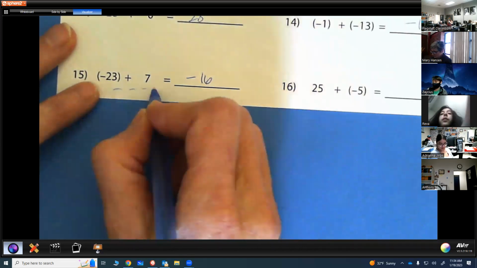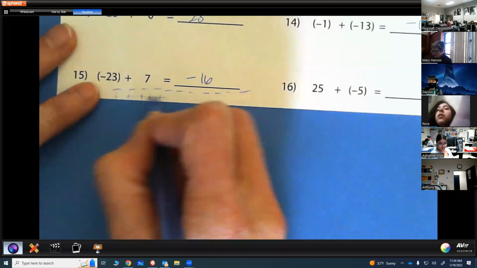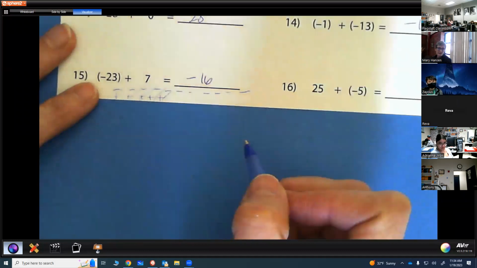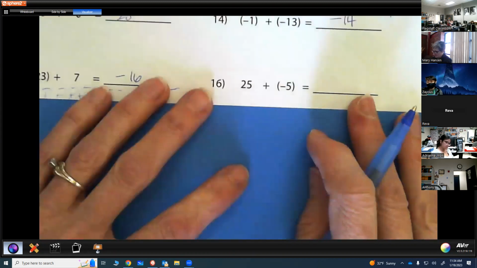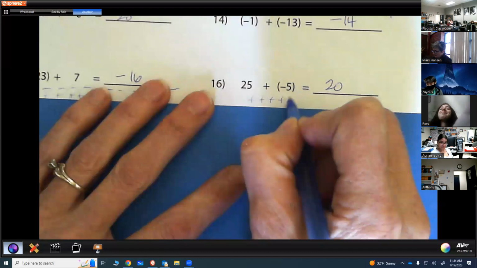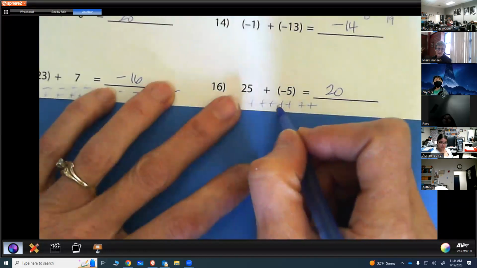Or I have 23 negatives and only 7 positives to wipe out 7 of those negatives. And so I'm going to be left with 16 negatives. And the last one, 20. Very nice, because I'd have 25 positives and only 5 negatives to wipe out 5 of those positives.